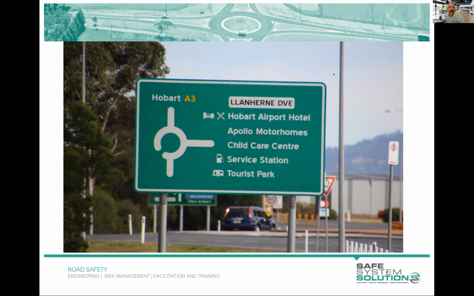So this is all stuff where we're trying to make the road tell the correct story, and it's certainly not doing that there. Luckily that one got fixed fairly quickly after I ran the audit course in Hobart and used this as an example. So I've got to get the after photo of that. Maybe our friends there, next time we're at the airport, take a snap of that one for me.